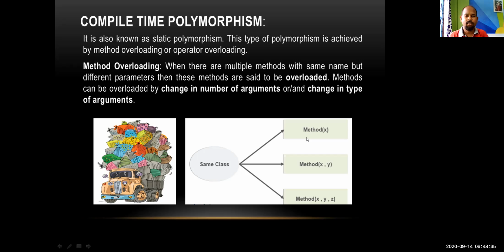All the methods have the same name but different parameters. In the first method only one parameter X, in the second X and Y, in the third X, Y and Z. So three methods, same name but different parameters. This is how we proceed for method overloading.